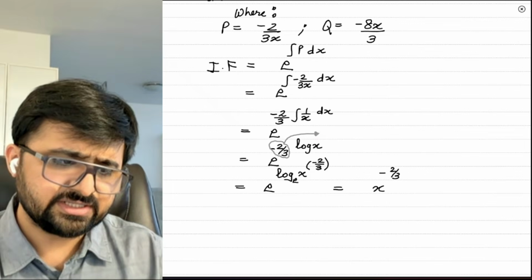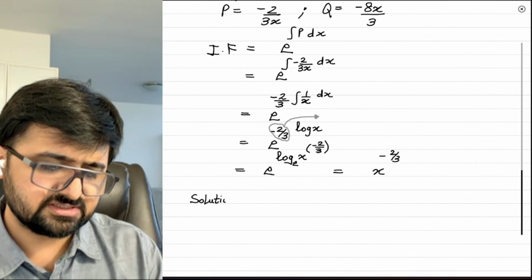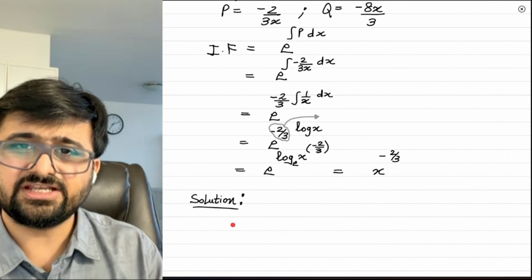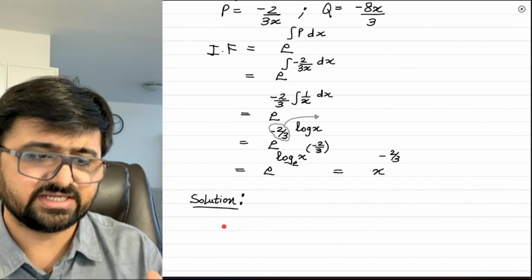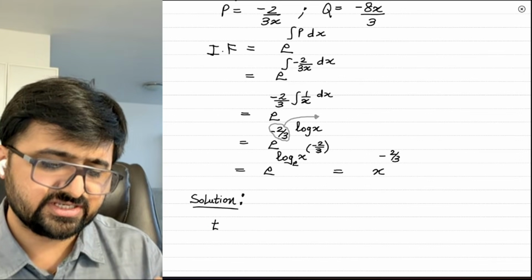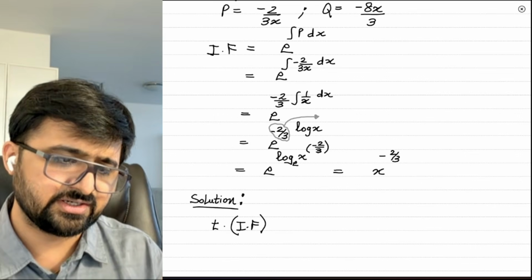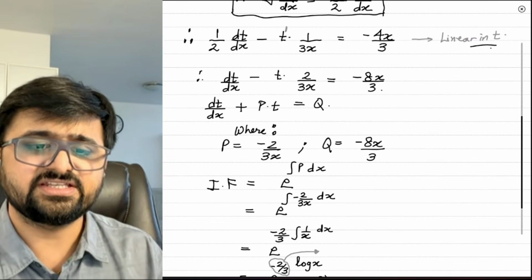Now that we know the integrating factor, our solution is dependent variable into integrating factor. Always remember the solution is always dependent variable into integrating factor. In my case, the dependent variable is t, because our linear differential equation was linear in t.